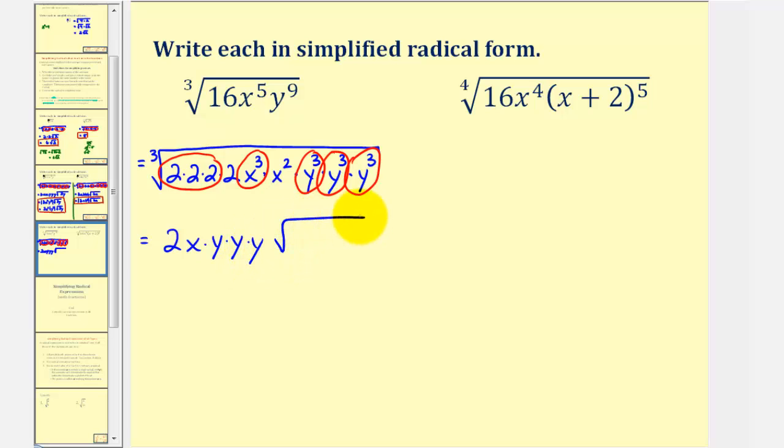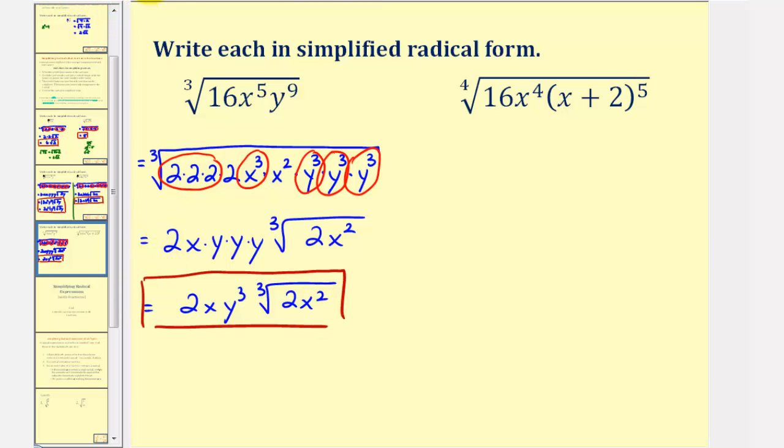And then we have the cube root of 2 times x squared, or 2x squared, leaving us finally with 2x y to the 3rd times the cube root of 2x squared. Now because the index is odd, we don't have to worry about the absolute value.